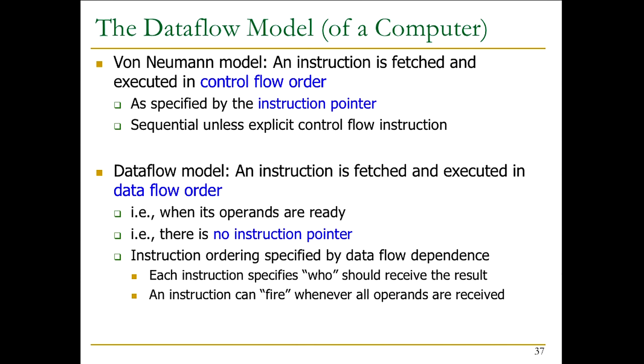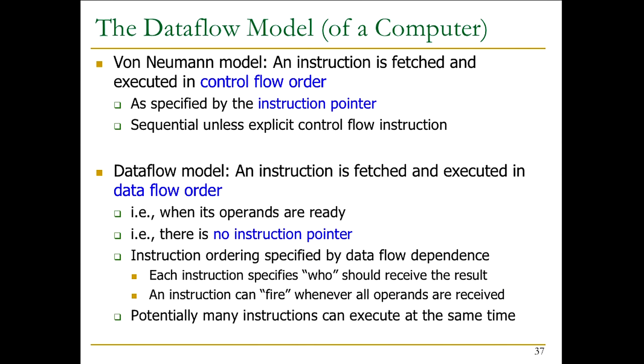This way, you don't need any program counter or instruction pointer. So potentially many instructions can execute at the same time, because you're not constrained to executing an instruction at a particular point in time. Many instructions can be ready to fire at the same time, because you're not controlling it. This means it is inherently more parallel.